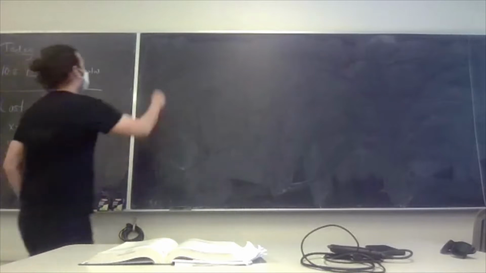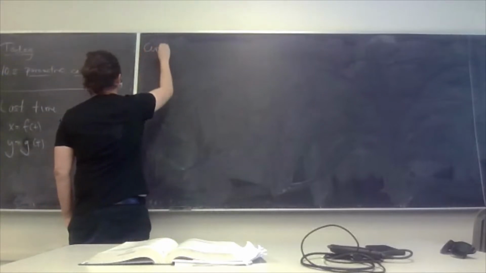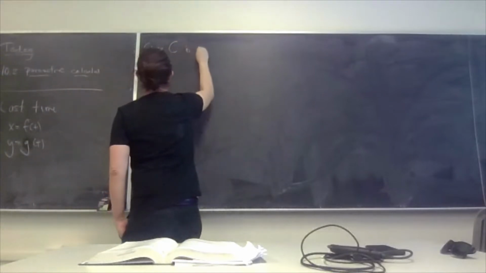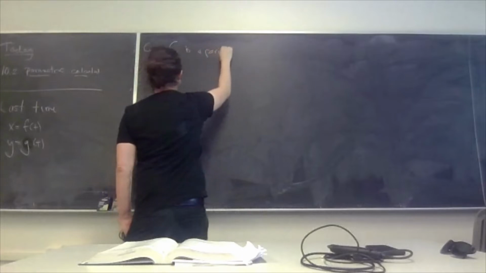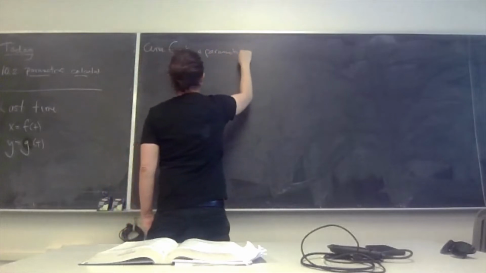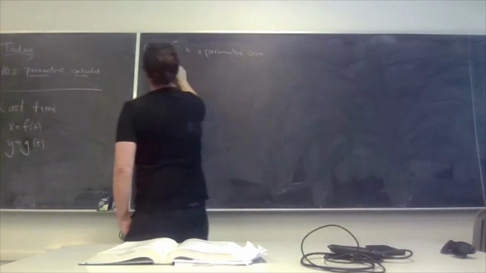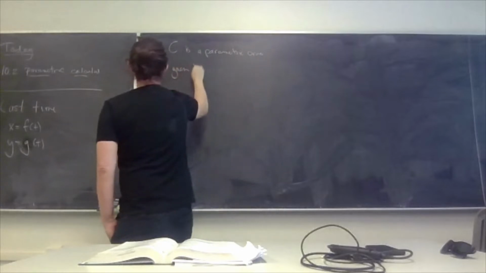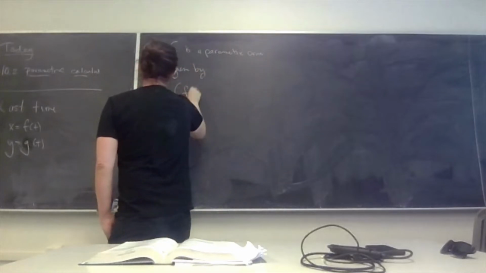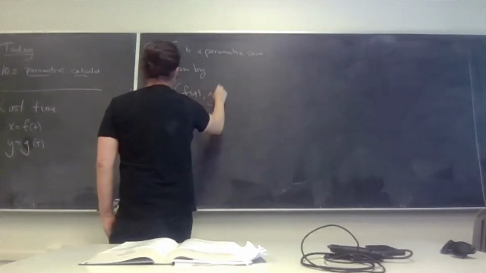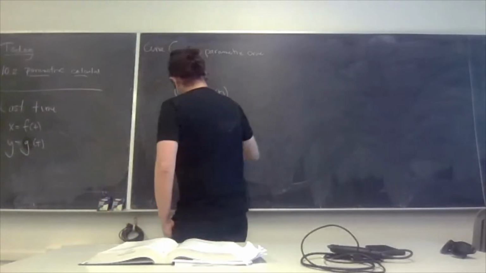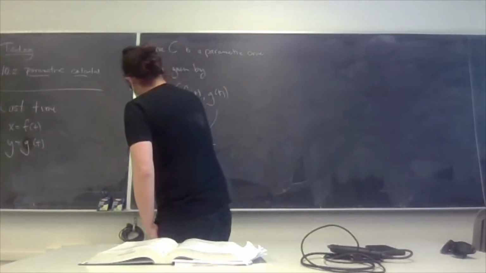So the curve C is a parametric curve given by f(t), g(t) here. At any point on the curve, you have coordinates x, y.